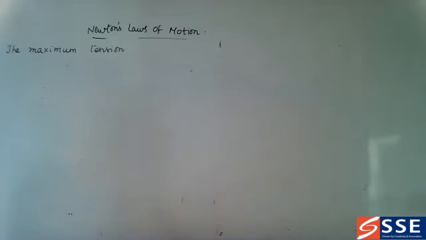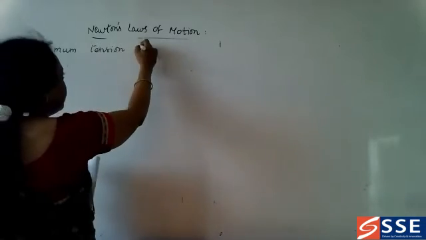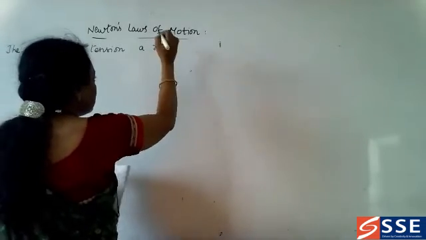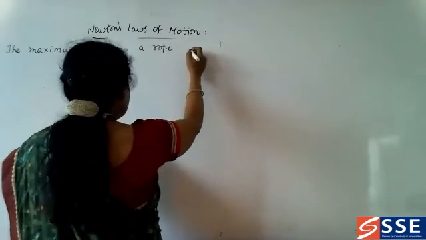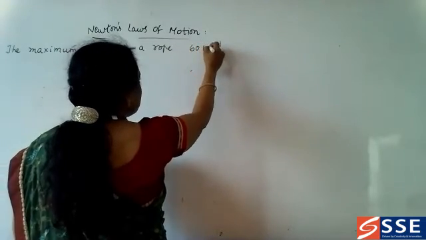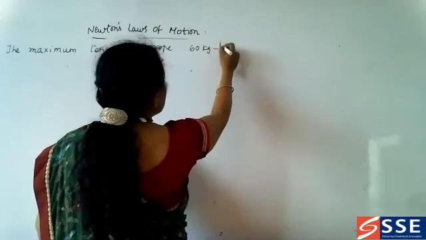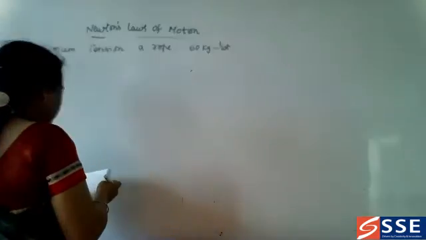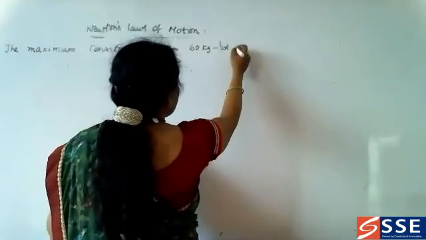The maximum tension is given on a rope, having 60 kg weight.